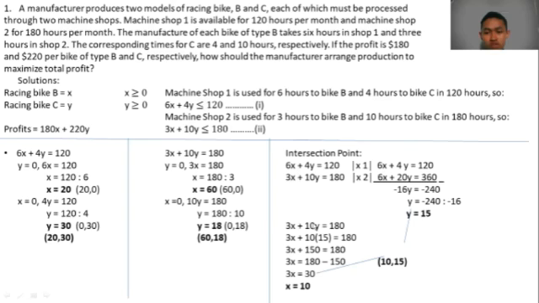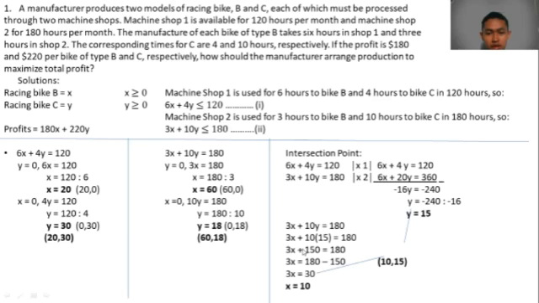And then we substitute y into the second equation to find the x point. Here is the step: 3x plus 10y equals 180. 3x plus 10 multiplied by y, 15, equals 180.